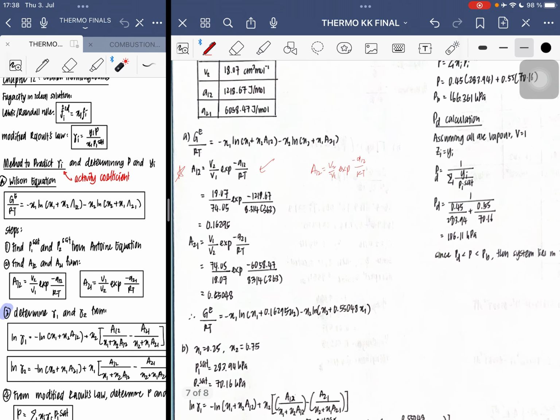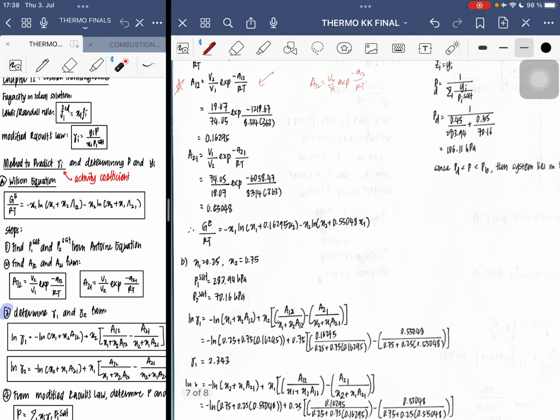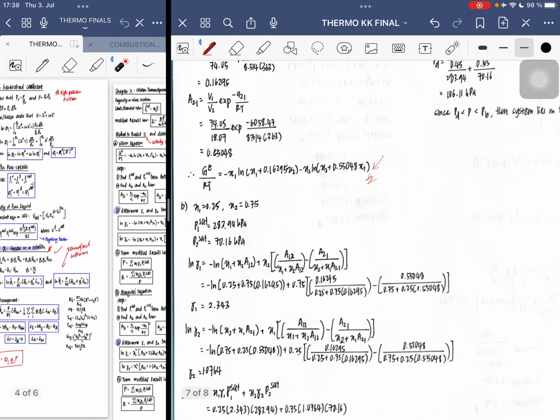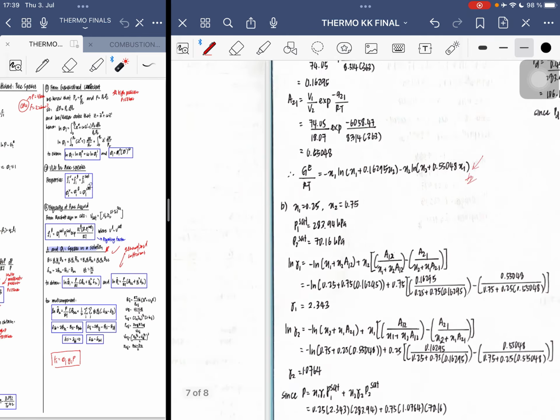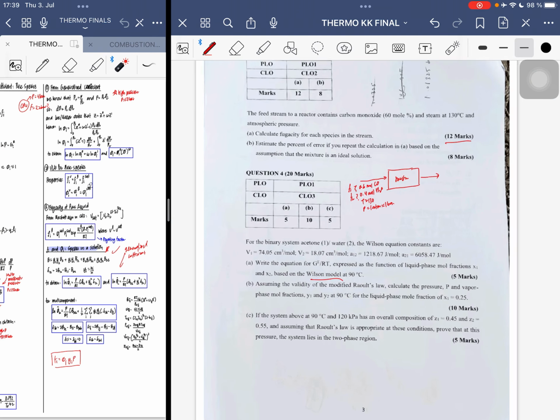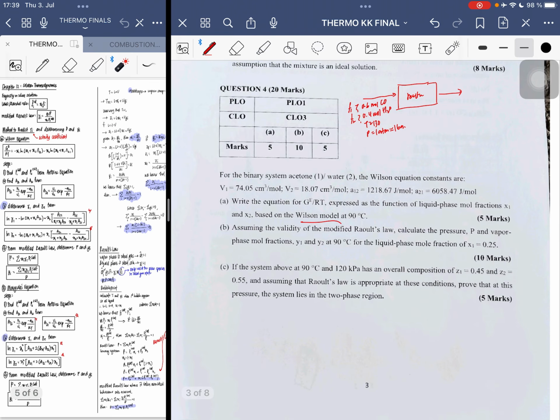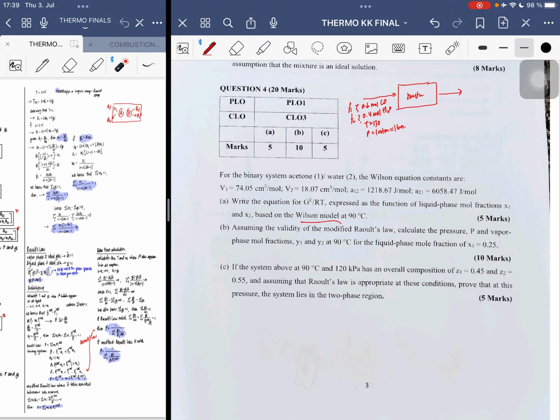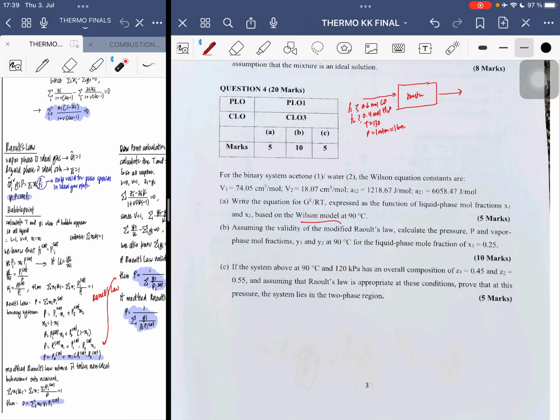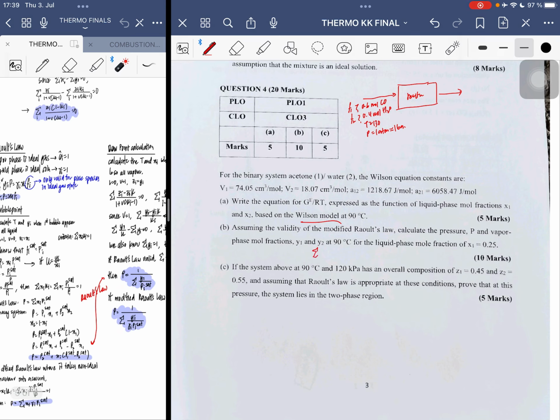And then the second question, what did they say? Assuming the validity of modified Raoult's law. So your modified Raoult's law will be, for the liquid mole phase, this one: P equals xi gamma i pi sat.